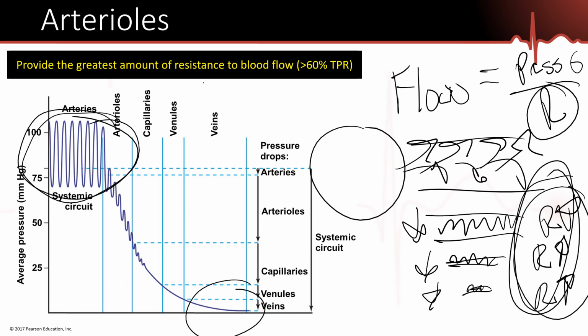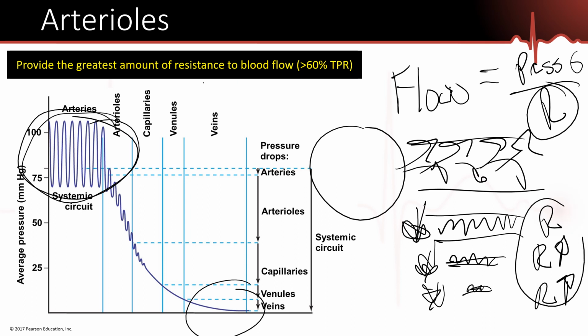It's a huge determinant of pressure, an enormous determinant of pressure. Okay, and what do we know as we get into smaller and smaller vessels? The flow of the blood, the flow of the fluid, just keeps decreasing due to the increase in resistance. So, let's think of the flow of the blood through the arteries versus the veins.